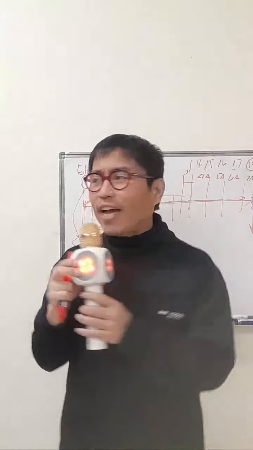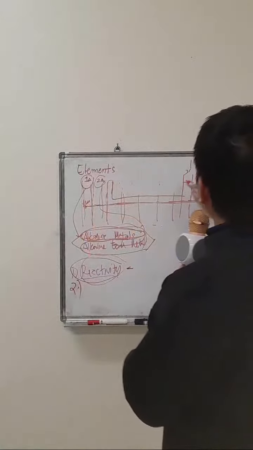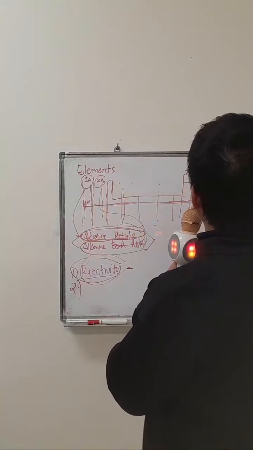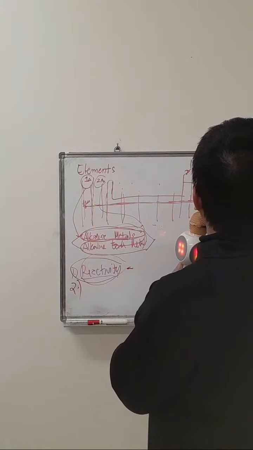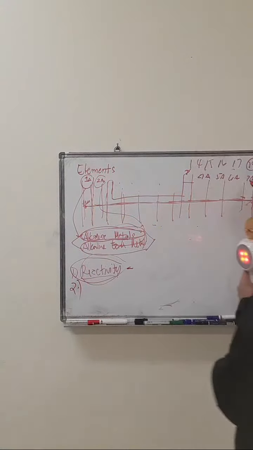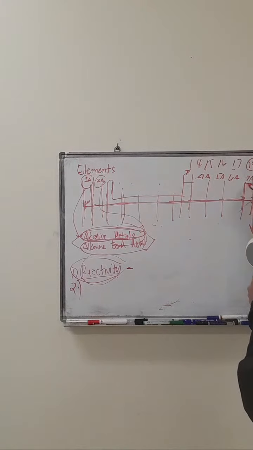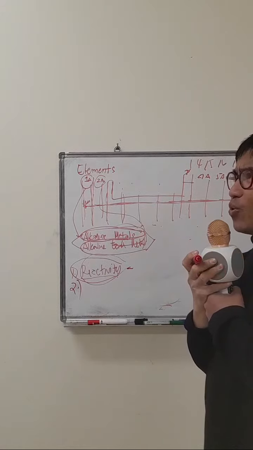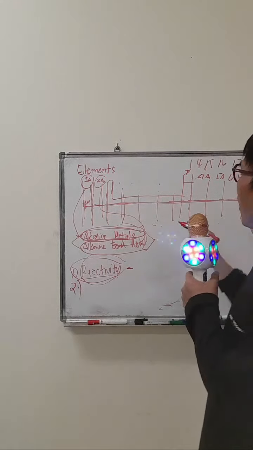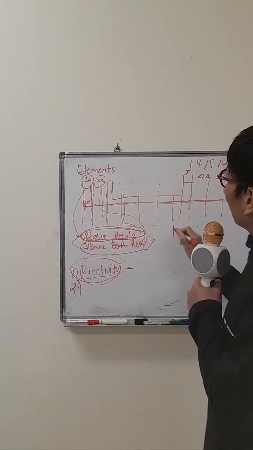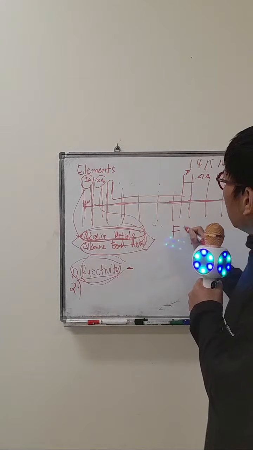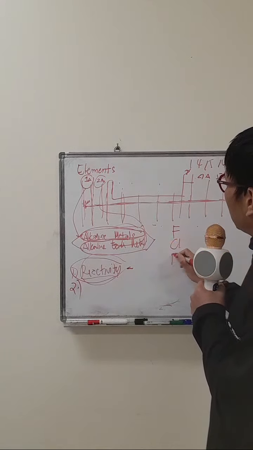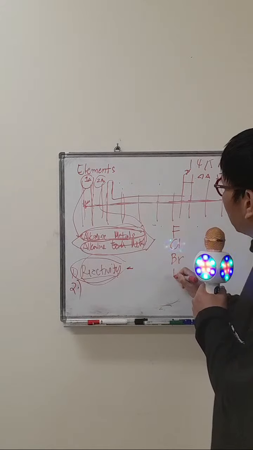For example, the halogen family. Where's that halogen family? I think it's the 7A group, right? Starts with fluorine, chlorine, bromine, and iodine.